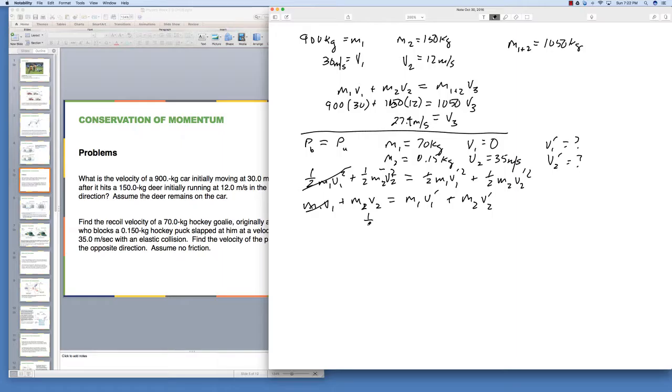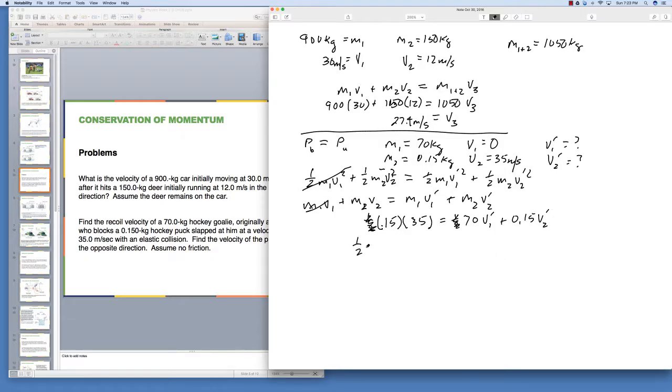So you have 0.15 times 35 equals, I'm sorry, there's no 1/2 here. Get rid of that. It is equal to 70 times V1 prime plus 0.15 times V2 prime.